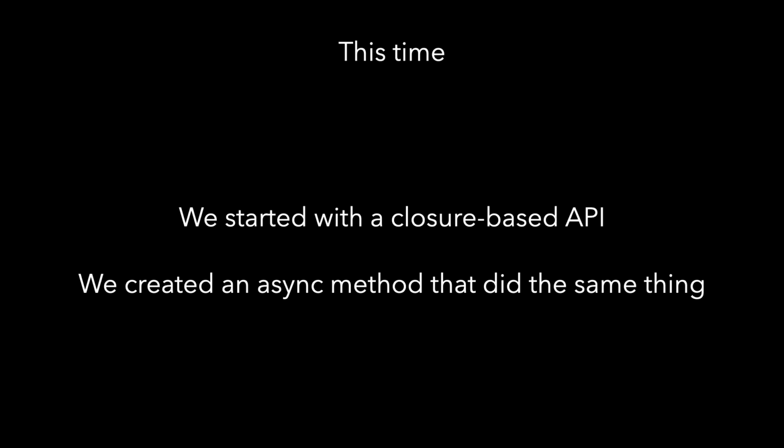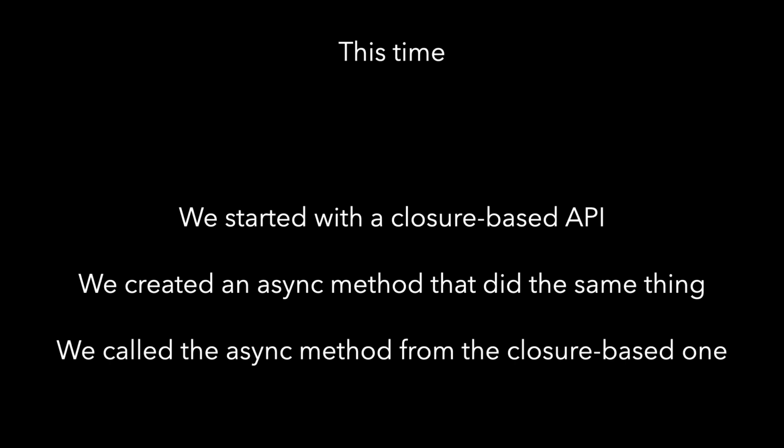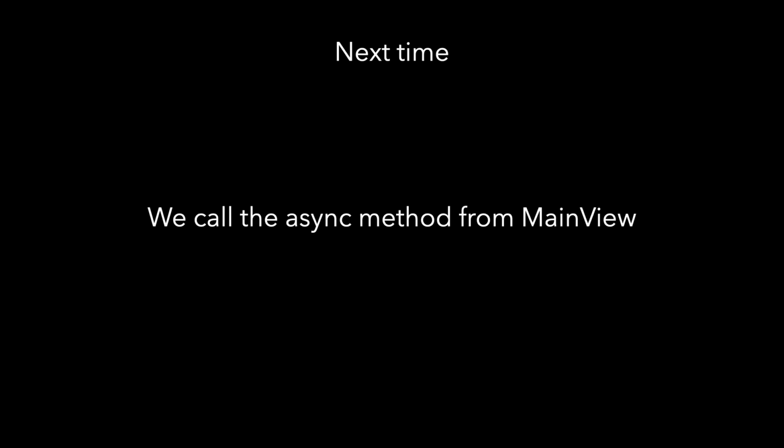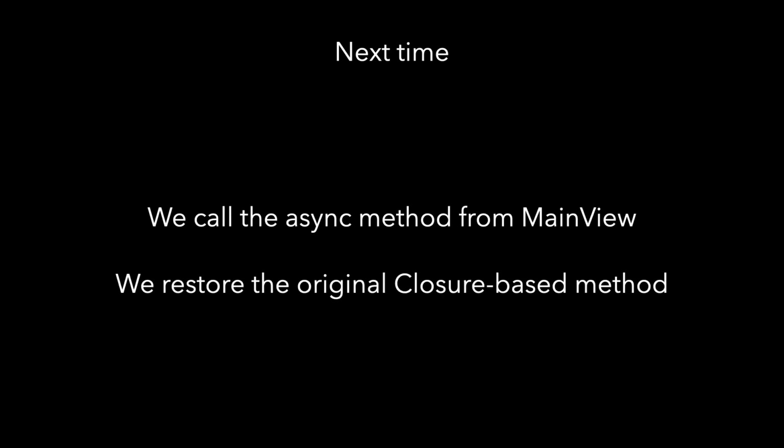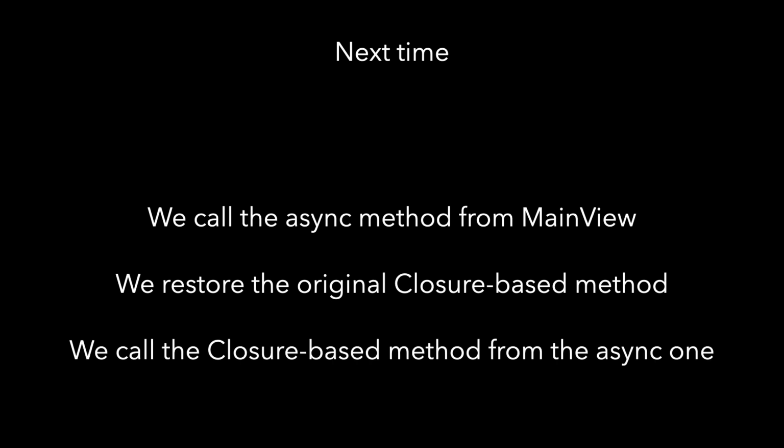So this time we started with a closure-based API, and we created an async method that did the same thing, and then we called the async method from the closure-based one. Next time, we're going to call the async method from the main view. And then we're going to restore the original closure-based method and call that closure-based method from the async one. Why? Well, you'll have to come back next time.